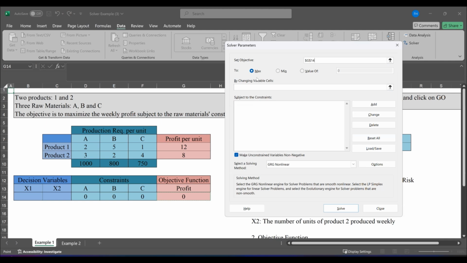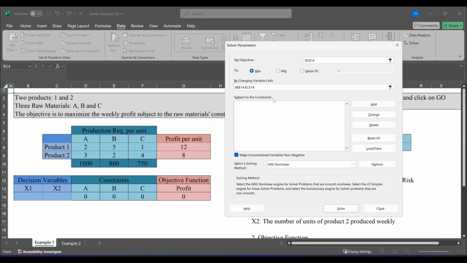However, for the project, you're going to be minimizing risk, so you need to choose minimize for your project. Here I'm going to leave it as maximize because I'm maximizing my profit. By changing variable cells, here I need to choose cells X1 and X2. So I choose those two empty cells, B14 and C14.